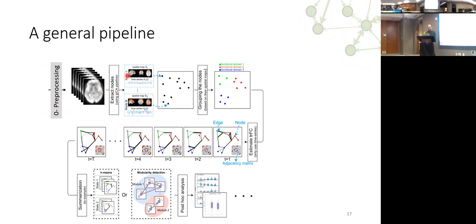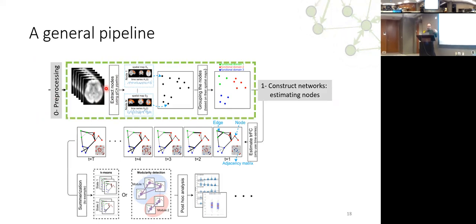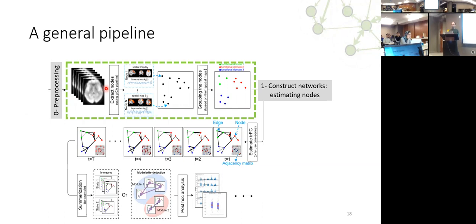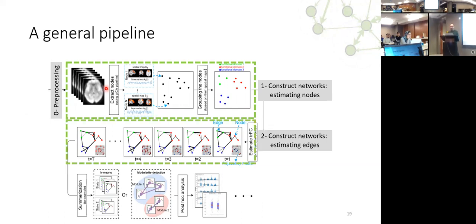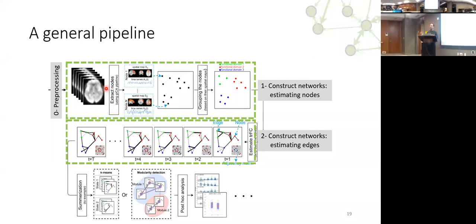Then, as I mentioned, we can extract the nodes using methods like group ICA, a method that uses ICA to get the nodes. That is estimating the node part of constructing the network. Then we can estimate the edges, which use those time series. After these two steps, we have the networks.